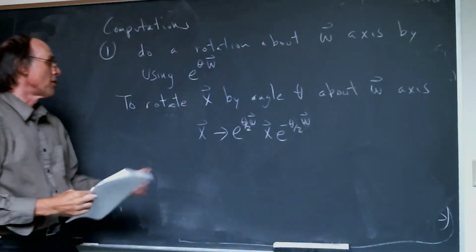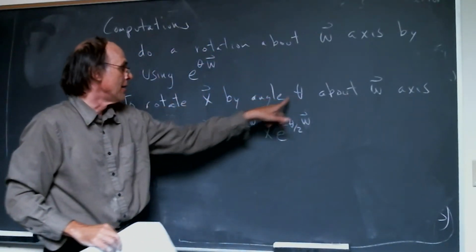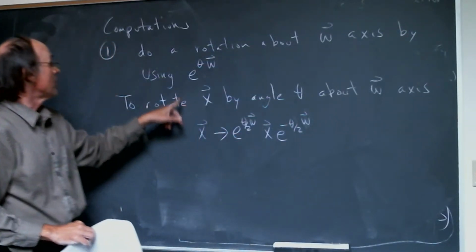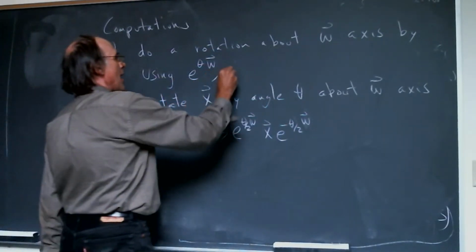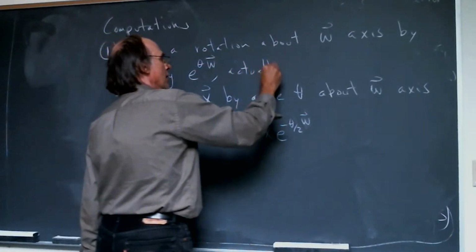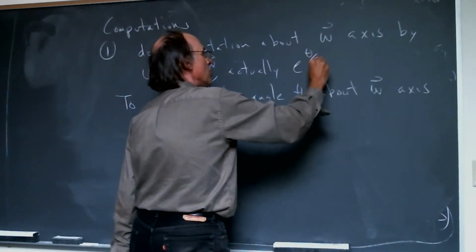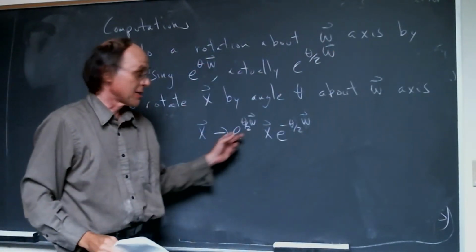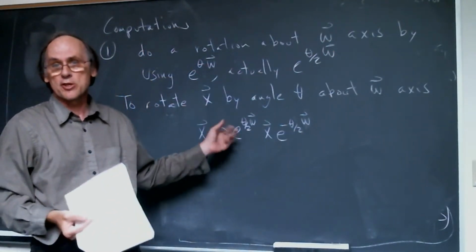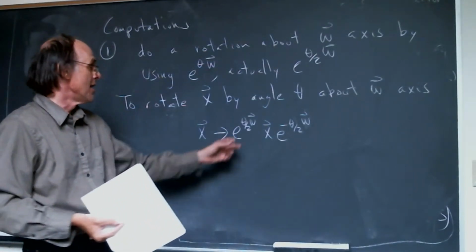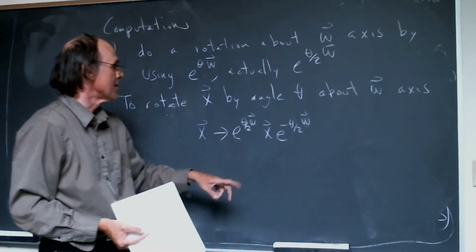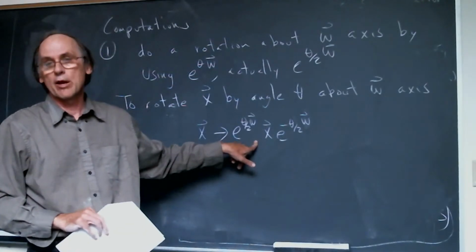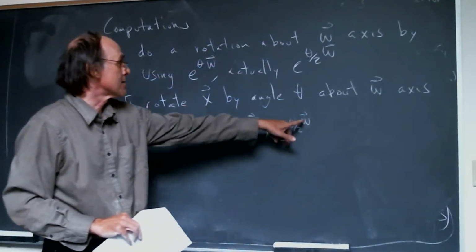So if you want to rotate by an angle theta, you actually have to use e to the theta over 2 times it. You can do this computation, and I do it in the notes, just using the properties of quaternions, and you can see that this gives you the right rotation about this axis.